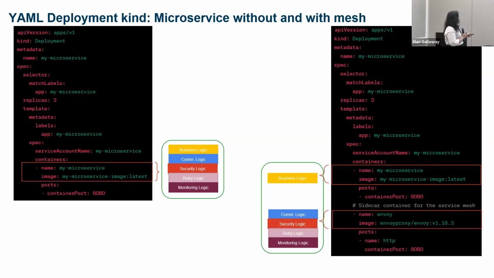So in this case, the microservice is responsible for all the routing and all the logic. Whereas here, when the service mesh is deployed, when the container is deployed, you will have the microservice, and along with it, an envoy proxy is also deployed alongside it. In this case, the microservice is only responsible for the business logic, whereas the envoy proxy will take care of the rest of the things for this microservice.